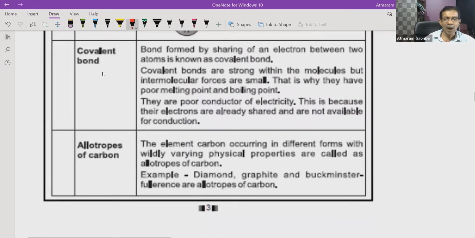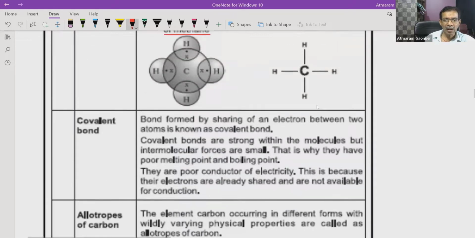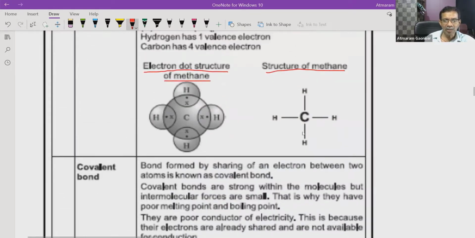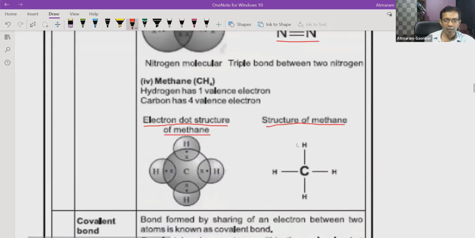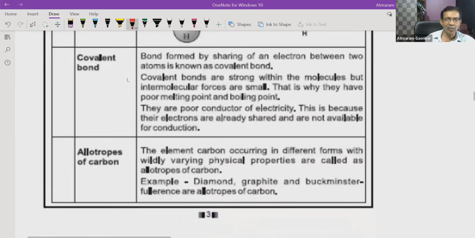Then next is the covalent bond. A bond formed by sharing electrons between 2 atoms is called a covalent bond. So here these and these are the covalent bonds. These are also covalent bonds. So a covalent bond is nothing but a bond formed by sharing electrons between 2 atoms.